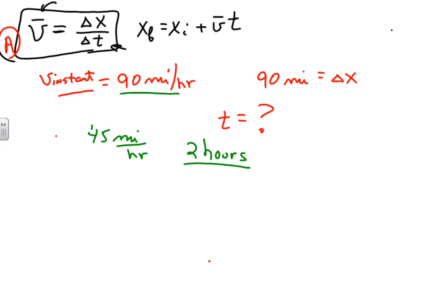So the point I'm trying to make here is the instantaneous velocity is different than the average. The average is the total distance over the total time. Every time you look at your speedometer, you might be going 90, but your average might end up only being 45, depending on your speed overall. Total distance over total time gives you the average speed of the thing.